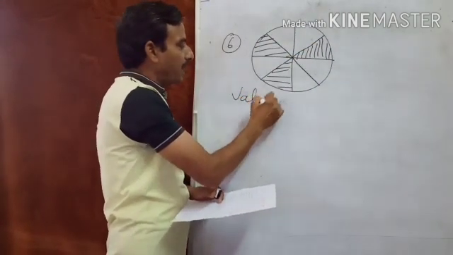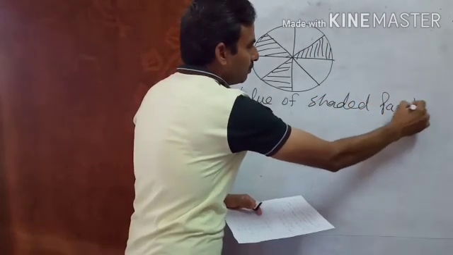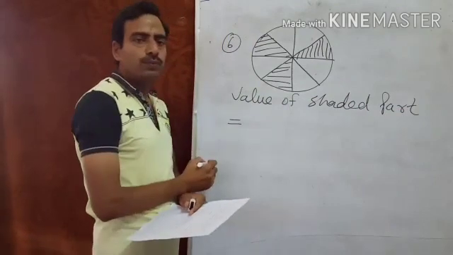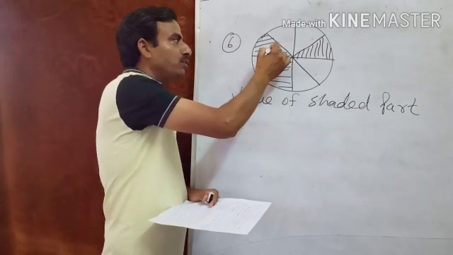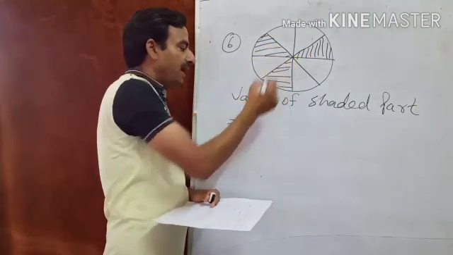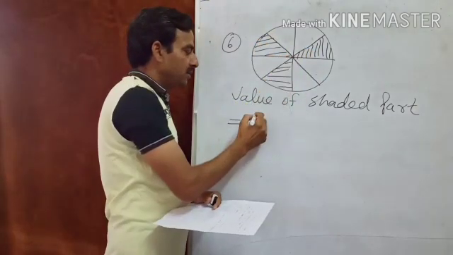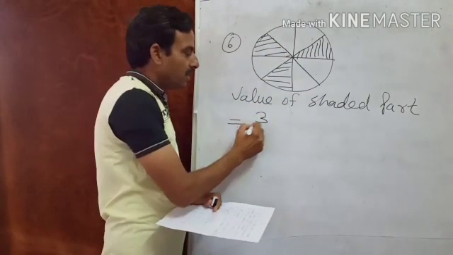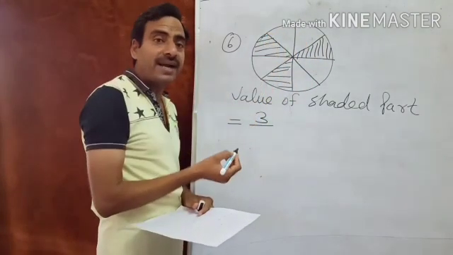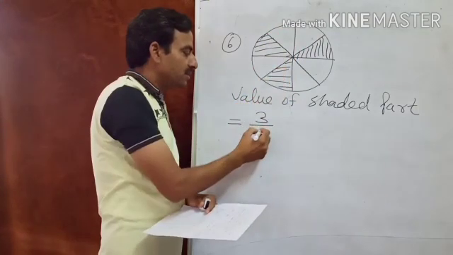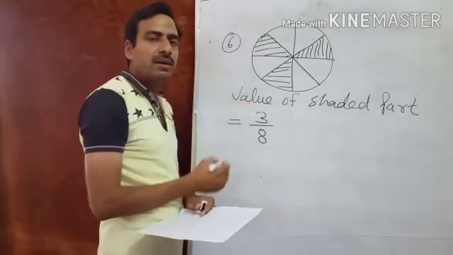So the value of the shaded part is equal to, I taught you, whichever part we have to get the value of, we will count them and write on the upper side. Here shaded parts are 3. 1, 2, 3. So we write 3 upon the total equal parts into which that thing is divided. There are 8 parts. We write 8. So this shaded part value is 3 upon 8.